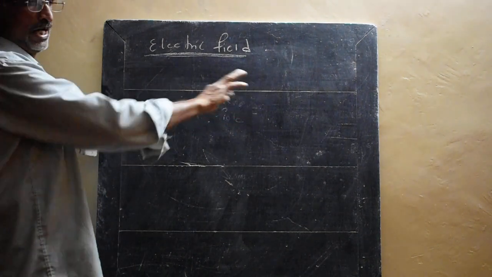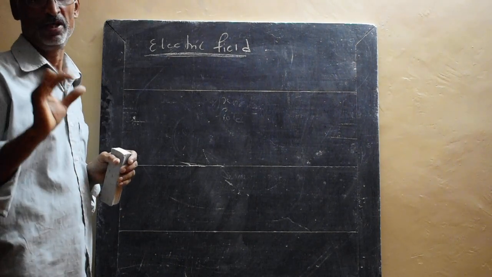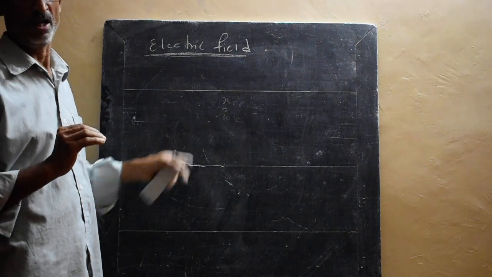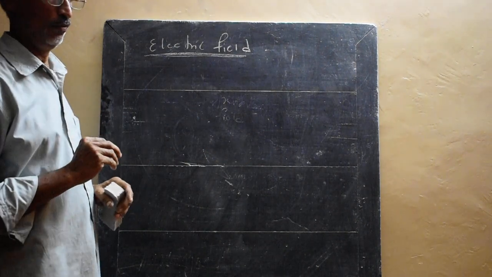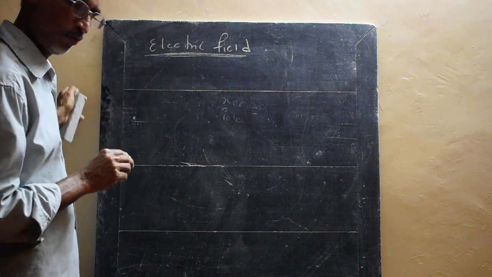Some things I scratch on the board are only for explanation, and something I write at the corner is not in the notes. Whatever I write neatly is the notes. You have to write down the notes.